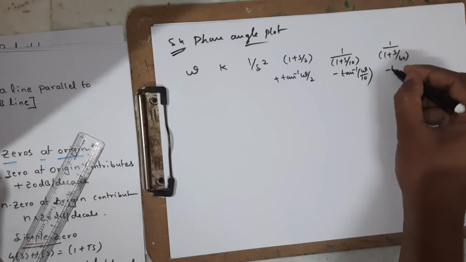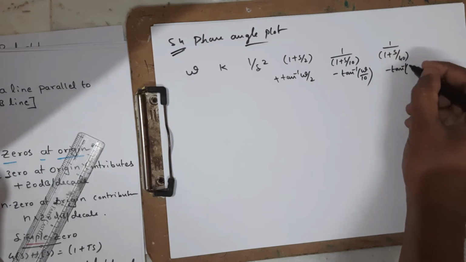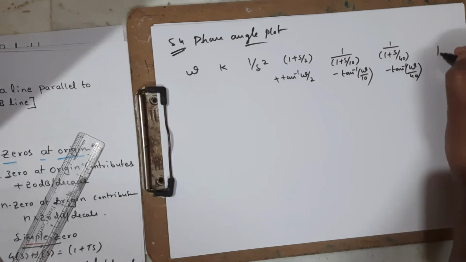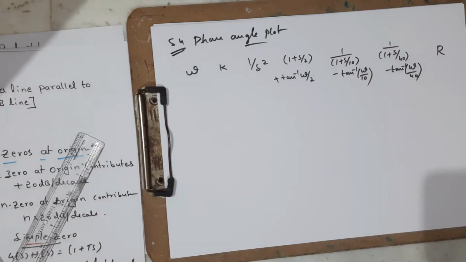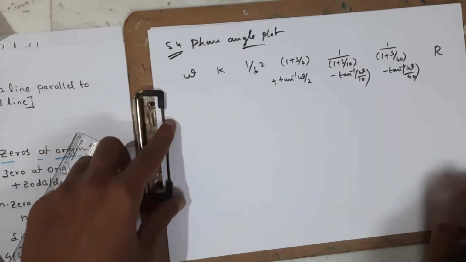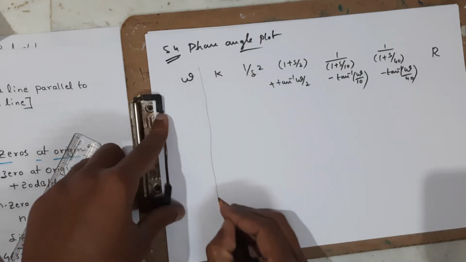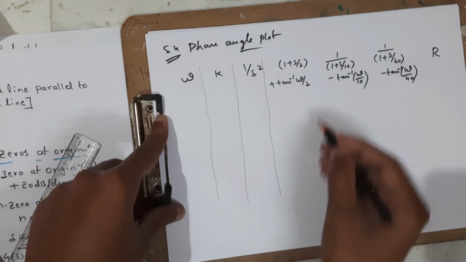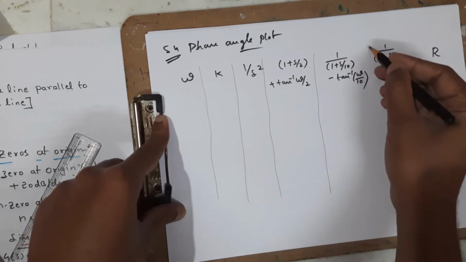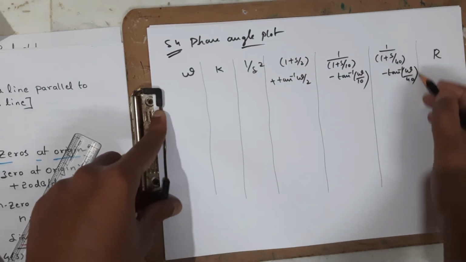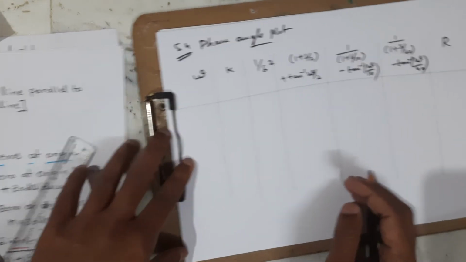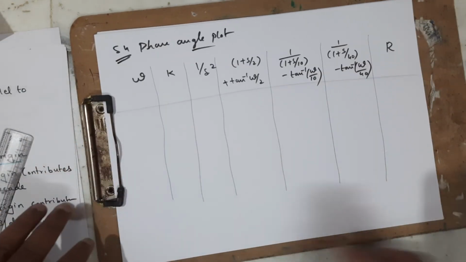This will be minus tan inverse of omega by 40. And the last column will be the resultant. So we have to prepare the table like this.